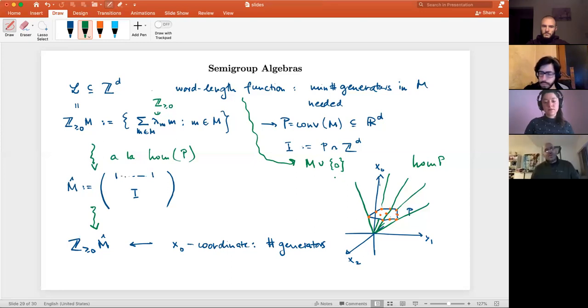What you end up computing here is not quite the word length function, but the less than or equal word length function because of the 0 in the middle. Basically you're saying I'm now looking at elements in my semigroup, but I'm allowing 0 as a summand, right?